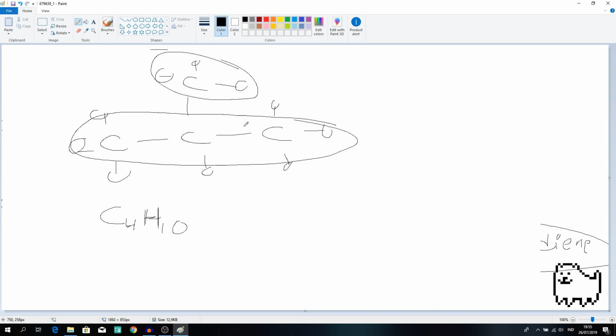So we'll start by naming the main branch, which is this one here. So we know that this is just 3 carbon. That makes it a propane. Also because single bonds, so ane right there. And there's no specific numberings that you need, so it's okay if you don't include numbers here.